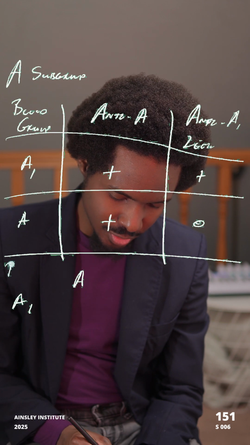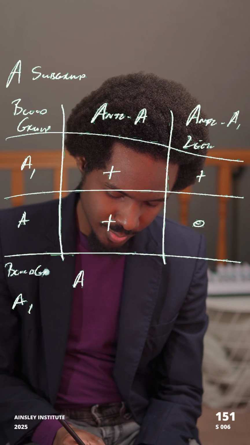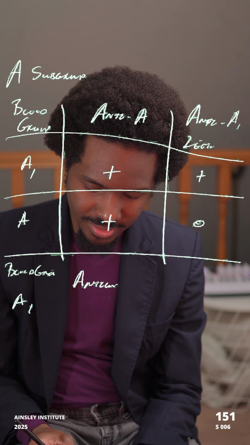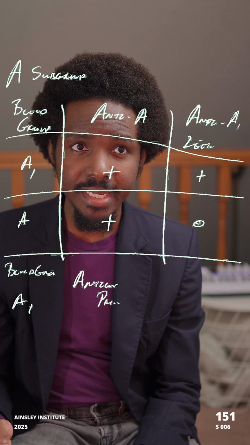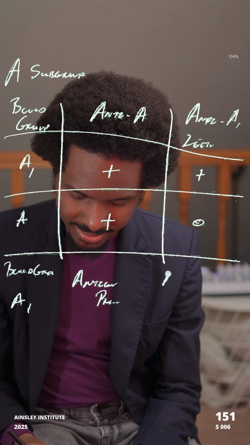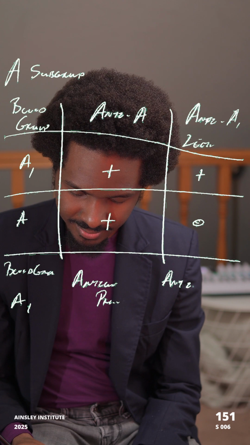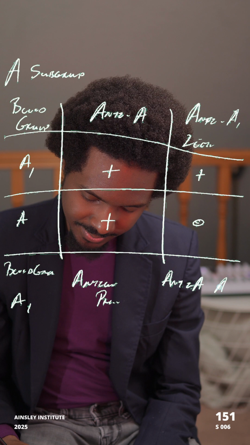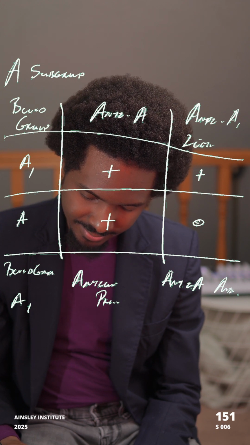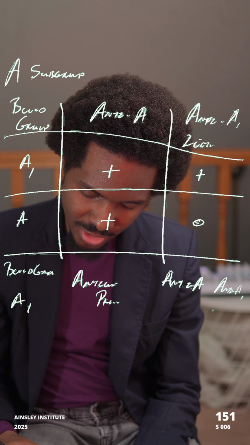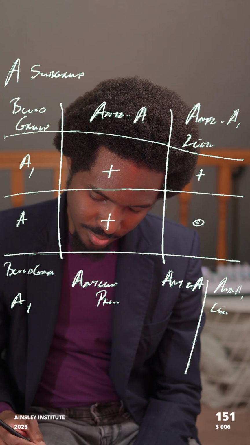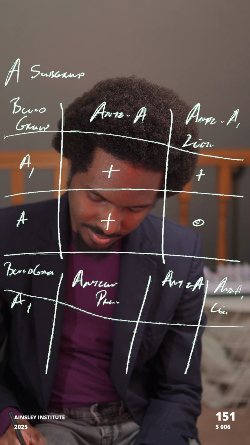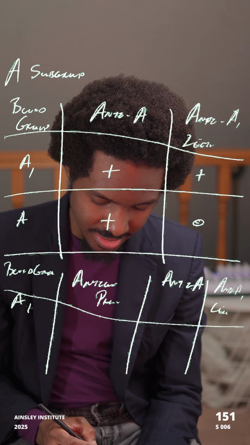Let's do the blood group, and then we're going to do the antigens present, and then its reaction with the antisera, which is the anti-A and anti-A1 lectin. This is the A1 lectin. All right, so this person is A1.